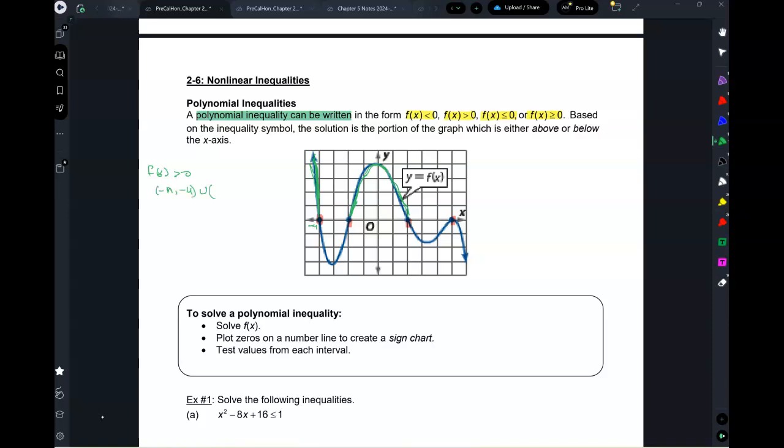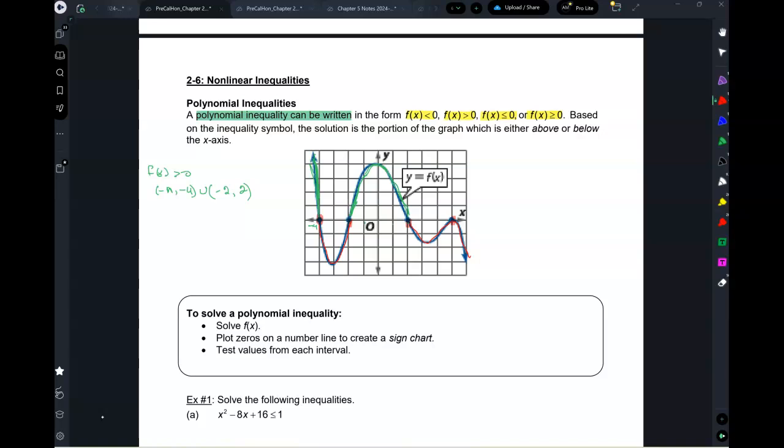And where else? From, what point is this? Negative 2 to 2, is that right? And then similarly, we can define the points where the graph is negative, and it's in this region and all of this region.